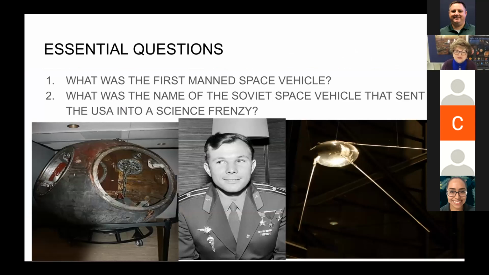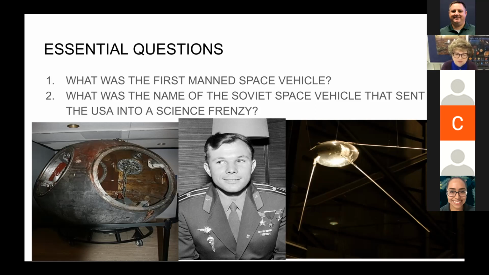Okay, let's look at a couple of essential questions. What was the first manned space vehicle? There's a picture of it on the far right-hand side, Sputnik. No, excuse me, that wasn't manned. That was just a satellite. And what was the name of the Soviet space vehicle that sent the USA into a space frenzy? That was Sputnik. But the guy who went in the first manned space vehicle was Yuri Gagarin.